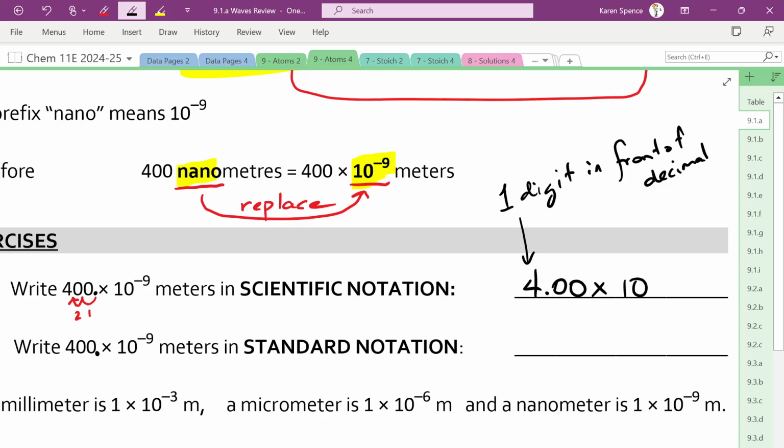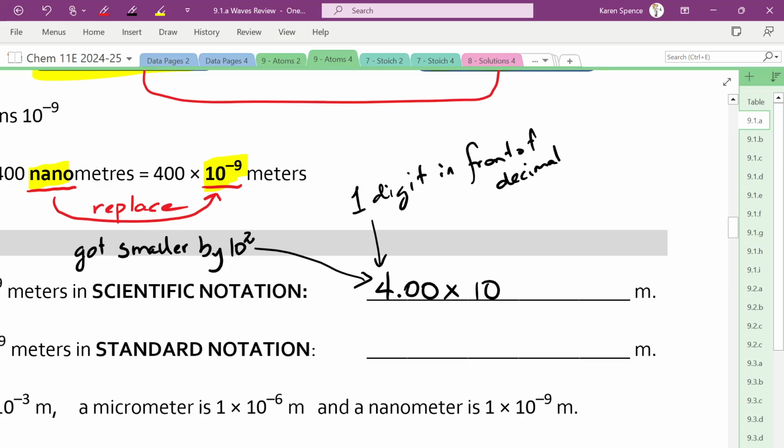And because I have moved my decimal place 2 positions, that means that this number got smaller by 10 to the what power? I moved my decimal place 2 places. So it got smaller by 10 to the 2, or you could say 10 to the negative 2, whatever. It's just by a factor of 100, okay?